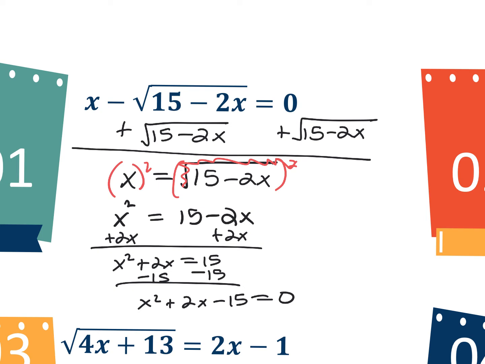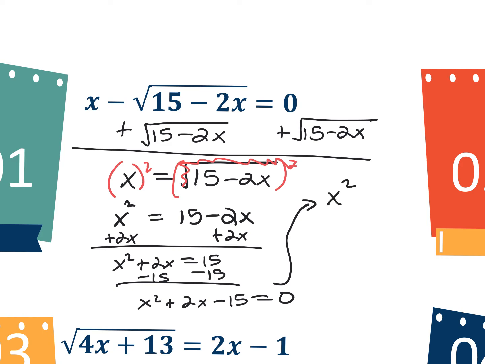I now have a trinomial that I can solve. Technically, I can solve this by factoring, completing the square, or the quadratic formula. Again, factoring is going to be the fastest way. So now I'm going to come over here to the side because I ran out of room. I'll go ahead and do it up here. So now I'm going to just rewrite this.